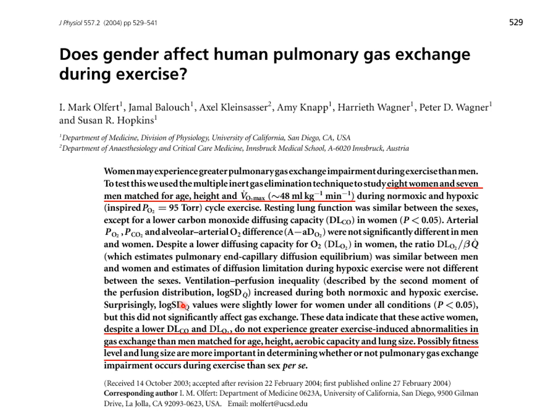So what they found was, despite there being lower diffusion capacity for carbon dioxide and oxygen in females, there were no induced abnormalities or differences in gas exchange between the two sexes when matched for age, stature, aerobic capacity and lung size. So what they concluded was that lung size and level of fitness is probably more important than sex per se in determining whether pulmonary gas exchange is impaired or not.